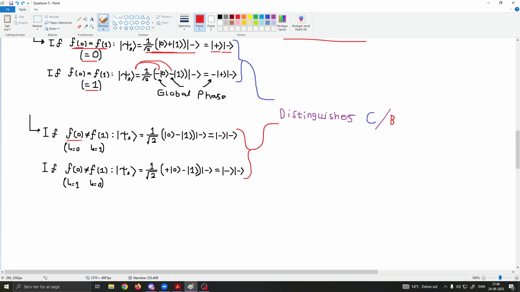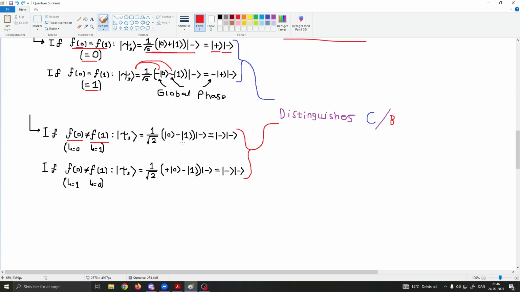When the function returns an output which is different for every input, that means the function is balanced because you get an equal amount of each output. For this specific line right here, we're looking at the case where for the input 0, the output is 0, which of course means that for the input 1, the output is 1. In this case, we get an orthogonal state, which is this one right here.